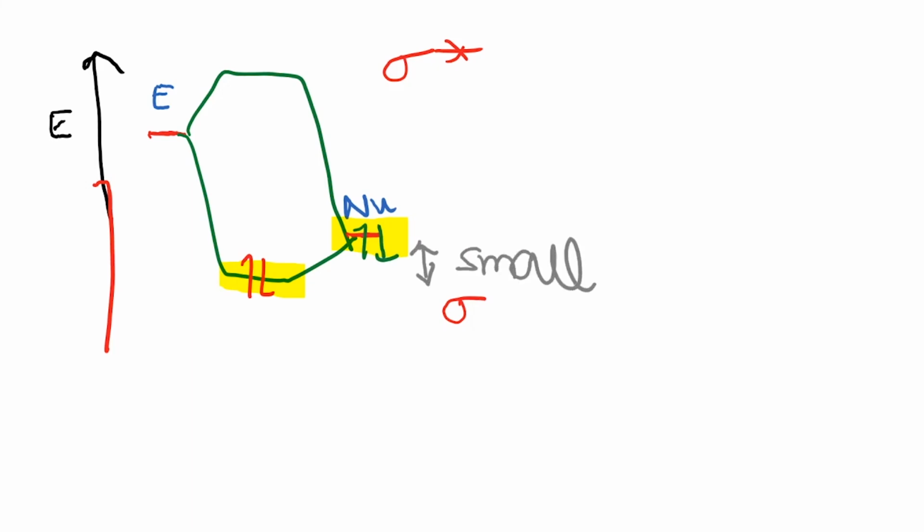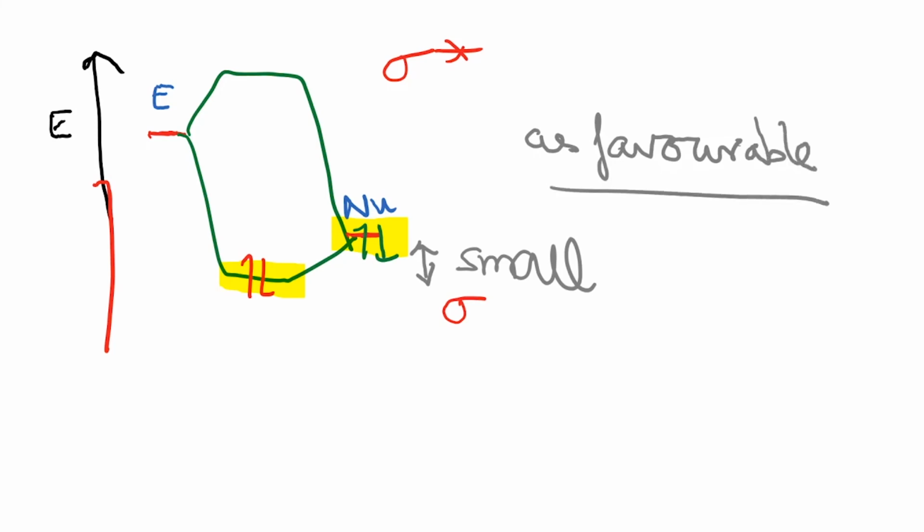Okay, so based on this analysis, what we can suggest is that although there's a gain in energy, the gain in energy is quite small, and therefore this may not be as favorable as something which has a greater gain in stability. Okay, so this is not as favorable, and so it may or may not occur. It's probably likely that this kind of a reaction does not occur.